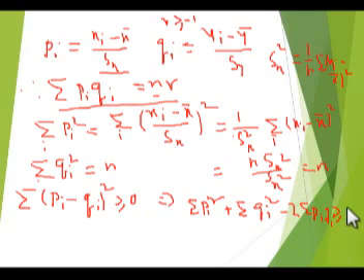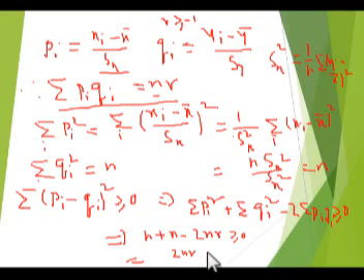And again put these values. What you will get? n plus n minus 2nr. Here r contains a negative sign, so we can write 2nr is less than or equal to 2n.